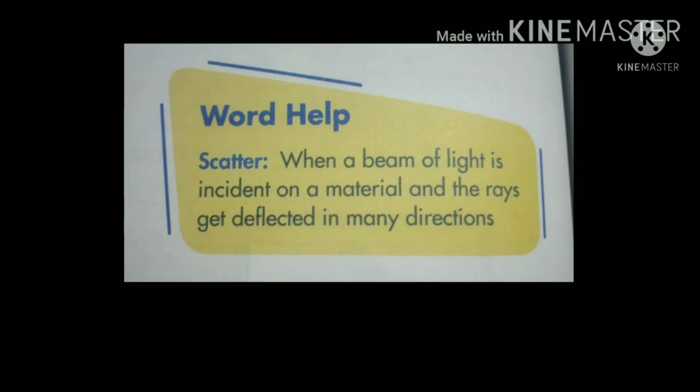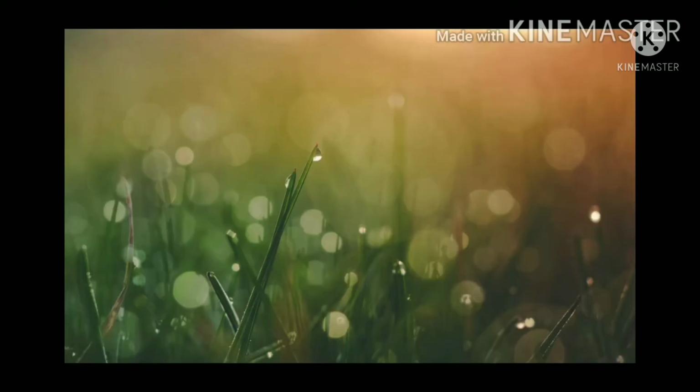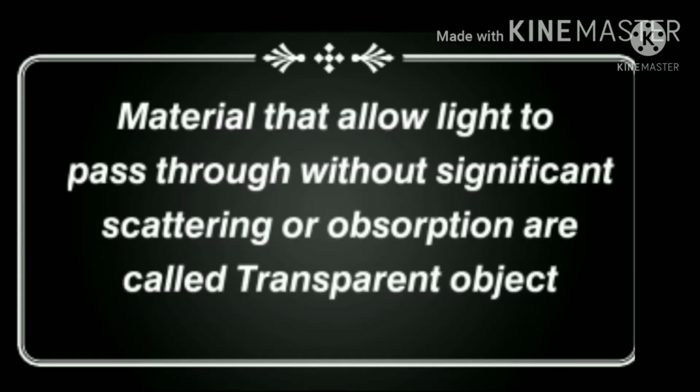Because of that, water droplets will be shining. So materials that allow light to pass through without significant scattering or absorption, where the light passes directly, are called transparent materials.